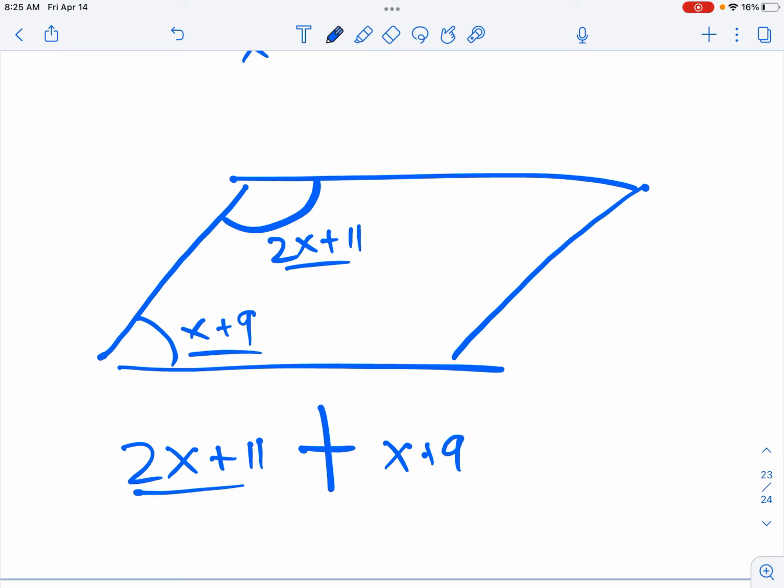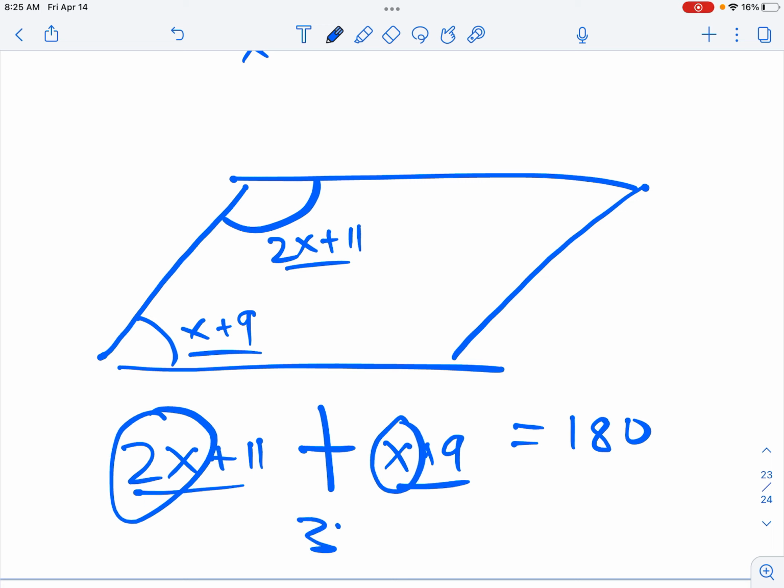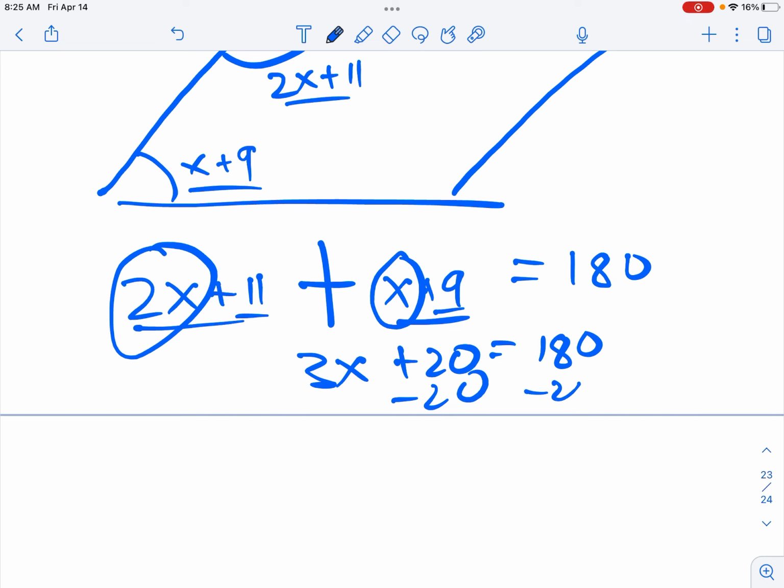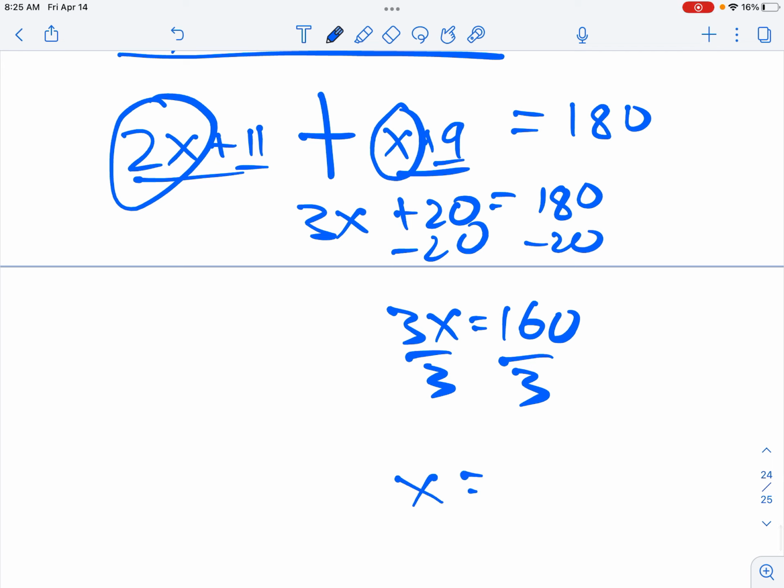These two things add up to 180. Now we just simplify. 2x and x is going to be 3x. 11 plus 9 is 20. 3x plus 20 is 180. Then we subtract 20 from both sides. 3x equals 160. Divide by 3, divide by 3. And then x is 160 over 3.